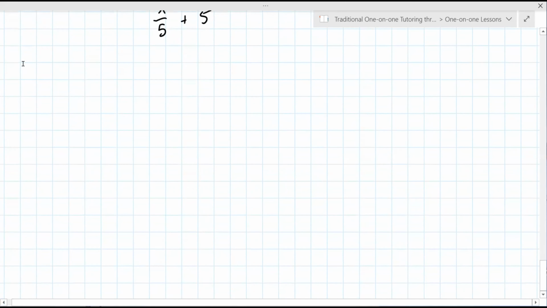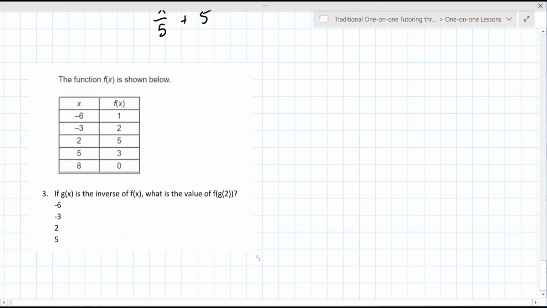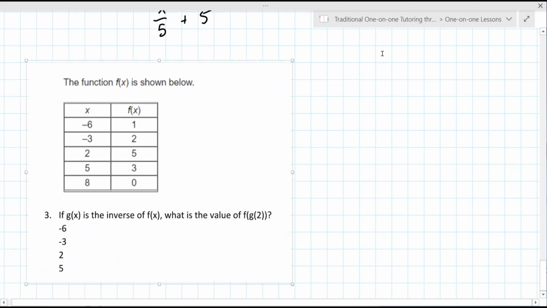Yeah, let's do this here. So we've got question number 3. It says that g of x is the inverse of f of x. So remember I said that you switch the x and the y's. So here's f of x.